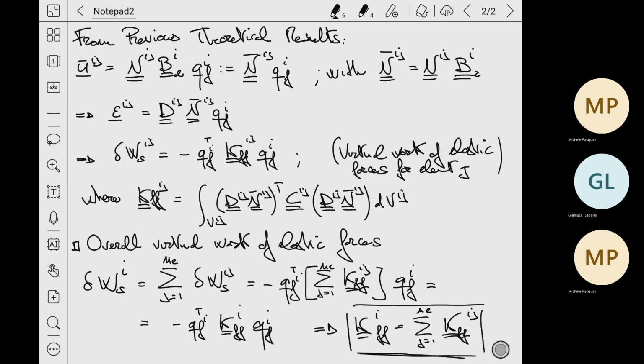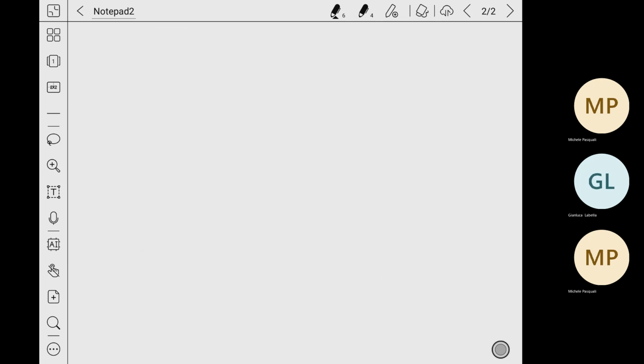So again, sorry, this is the structural stiffness matrix, just to be clear, because then there is a stiffness matrix as well.